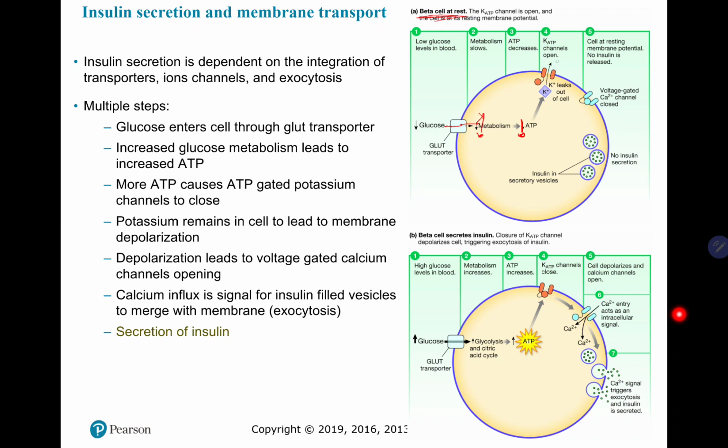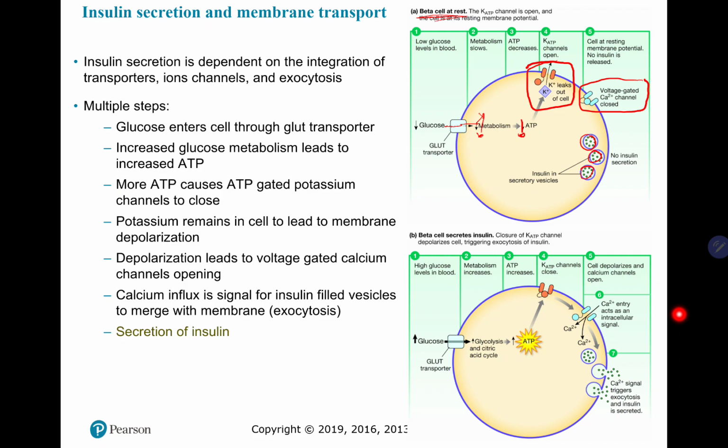We have this potassium ATP leak channel, and this channel stays open, so potassium just leaks out regularly. The cell is at a resting membrane potential, so these voltage-gated calcium channels are closed, and the insulin remains in the secretory vesicles.